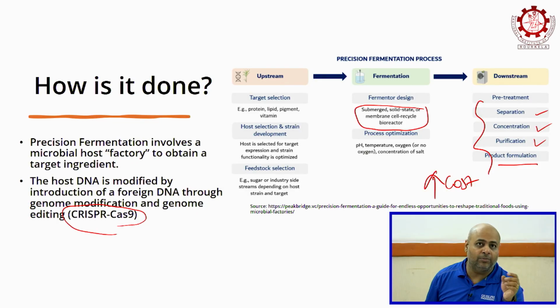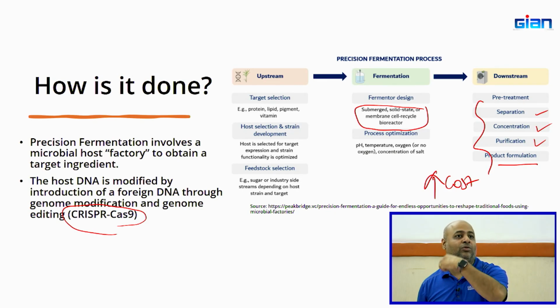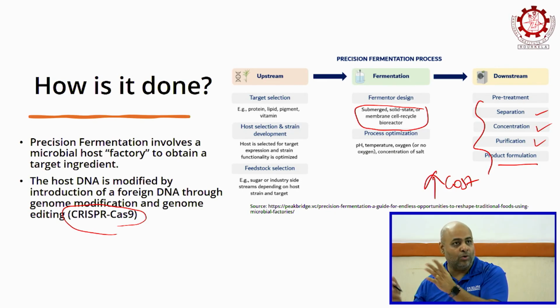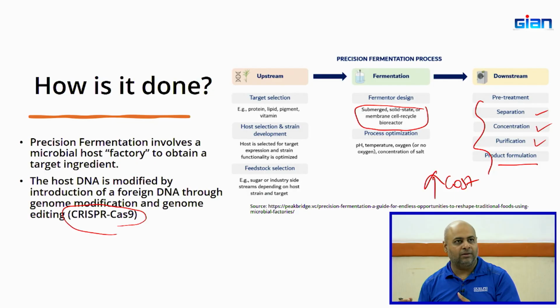That means we need it of the highest purity. If we need the highest purity, our downstream processing would be more. So the cost of the product would be more. So it is a very nice technology, but it's also very expensive when we are looking at precision fermentation.